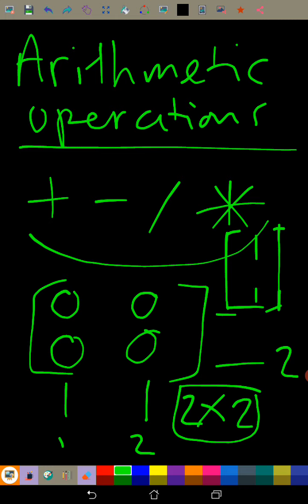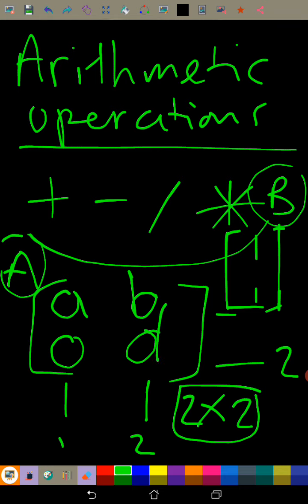Matrices are denoted with capital letters. So this would be, for example, matrix A, and this would be matrix B. The entries are denoted with lowercase letters, like a, b, d. I just give some examples.